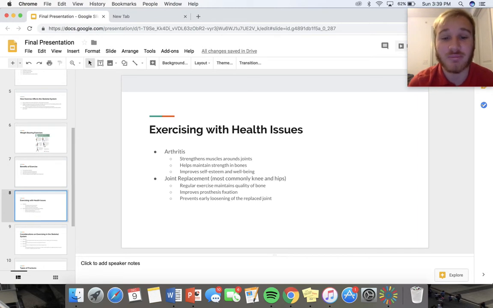It helps maintain that strength in the bones, and it improves the self-esteem and well-being of the person that has the arthritis, just to make them feel better about themselves. And with joint replacement, regular exercise will help maintain the quality of that bone. It will improve the prosthesis fixation, and it will prevent early loosening of the replaced joint.